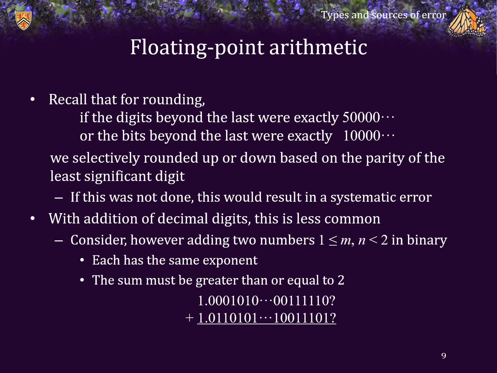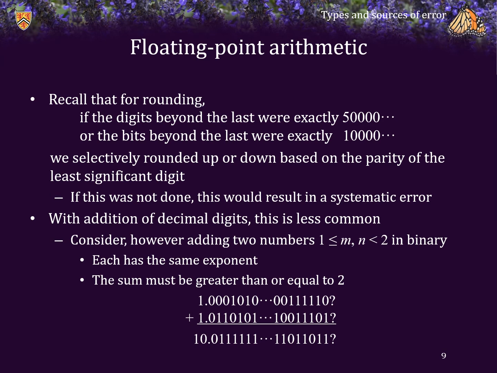So for example, here are two floating point numbers between 1 and 2. Let's add these together, but notice that the last bit may be 0 or 1. When we add these two together, we now have one additional digit of significance. It's now 1, 0 with numbers beyond the decimal point or radix point.